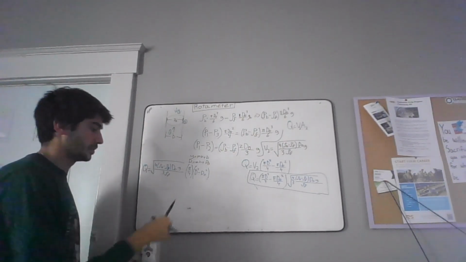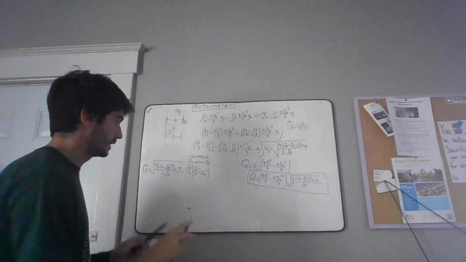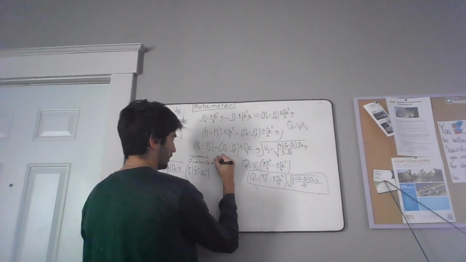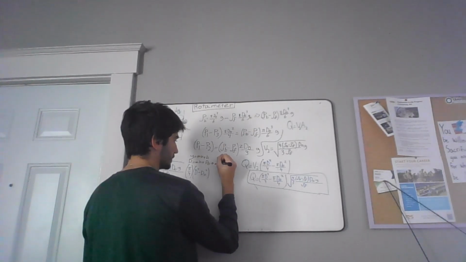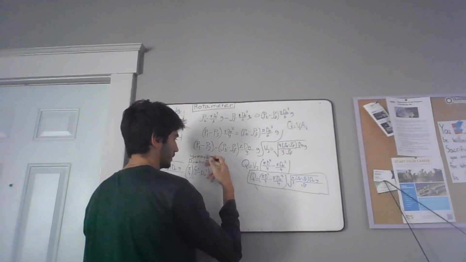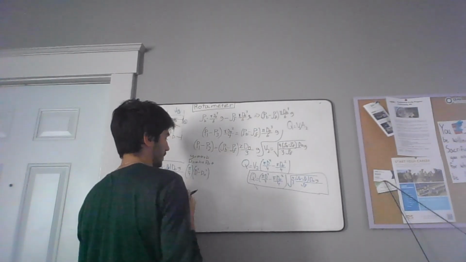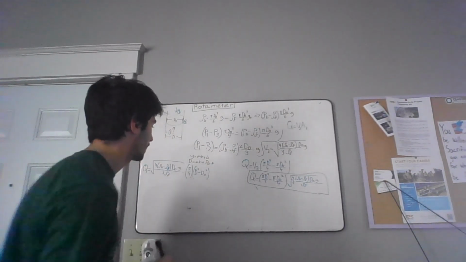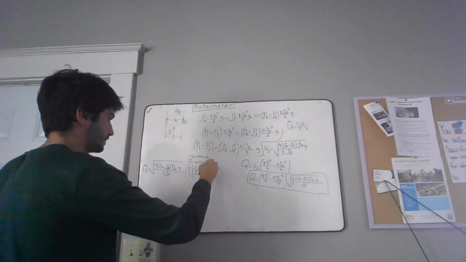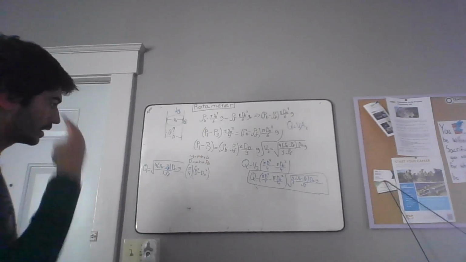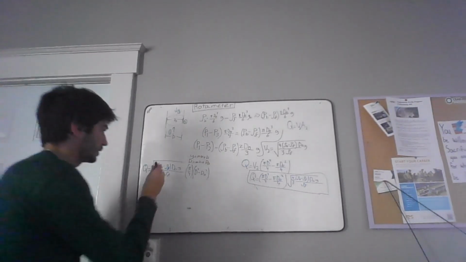Then if we multiply d out, we get m squared h squared. Check.